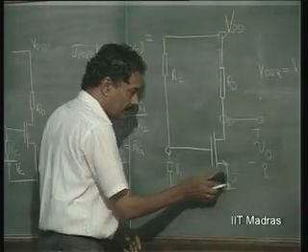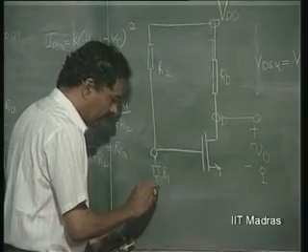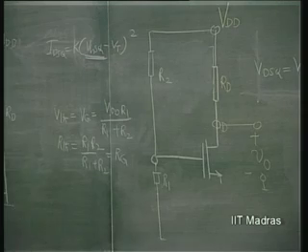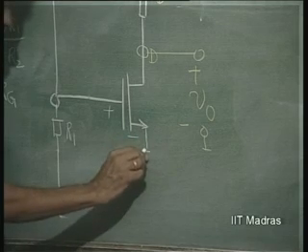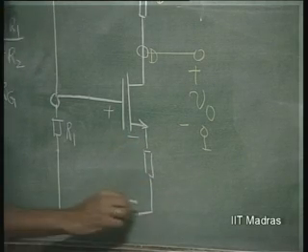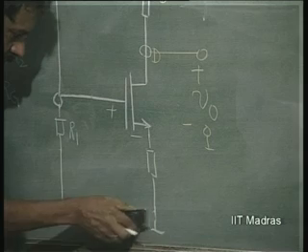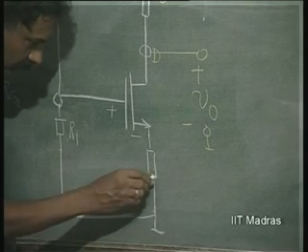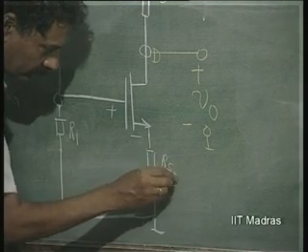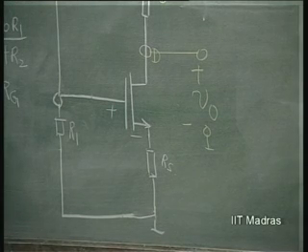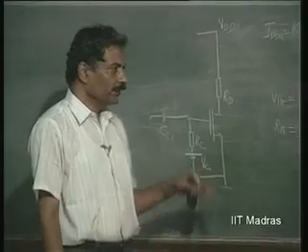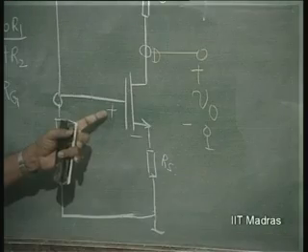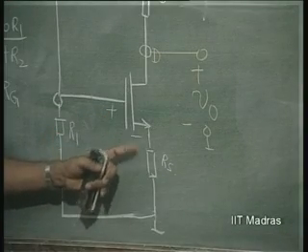It is necessary, therefore, that this voltage Vg should be shared between the FET and Rs. So, I am introducing a resistance Rs here. So, this voltage Vg is going to be dropped between this and this.